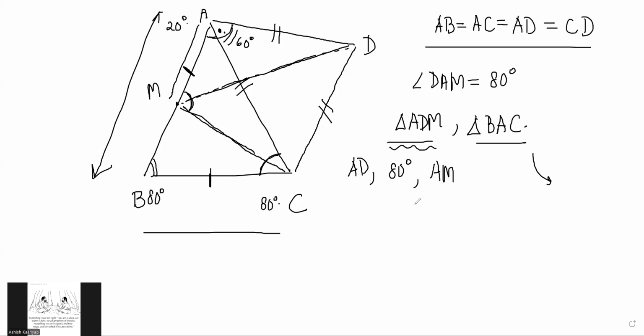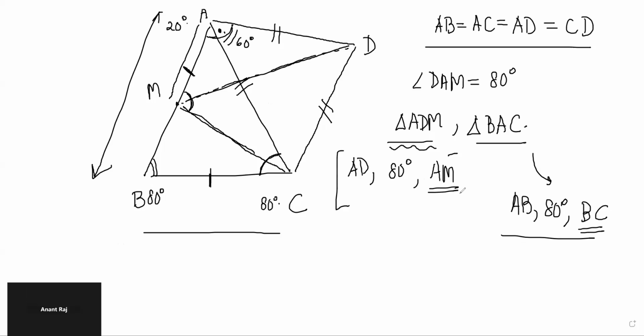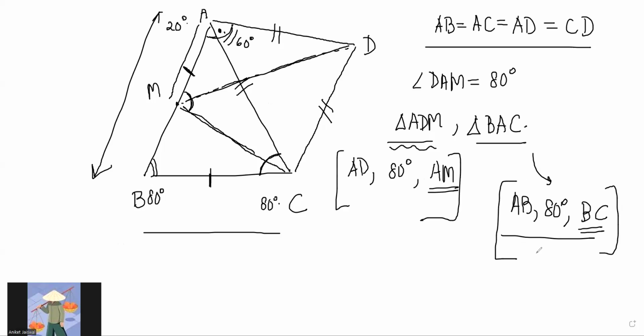There is AB side on one side and there is 80 degree and then there is BC, right? So congruent हो गया ना, because AM is equal to BC. Even though it doesn't look like it. Figure might be wrong. हाँ, congruent हो गया.